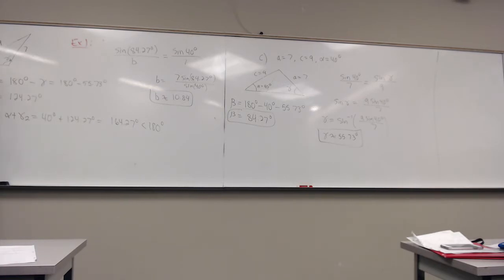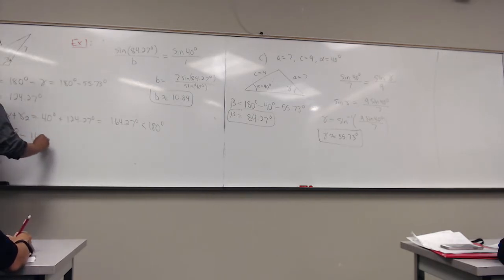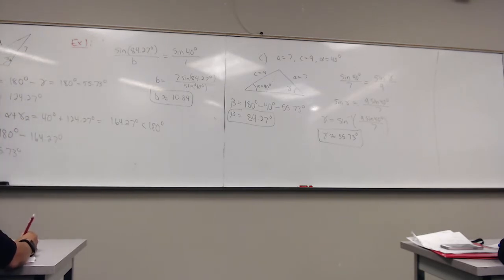And Kirsten, you said beta 2 would just be take your 180 degrees, and then you can actually just subtract the 164.27. And I got 15.73. You get 15.73. Okay. So there's gamma 2 in our second triangle. There's beta 2 in the second triangle.